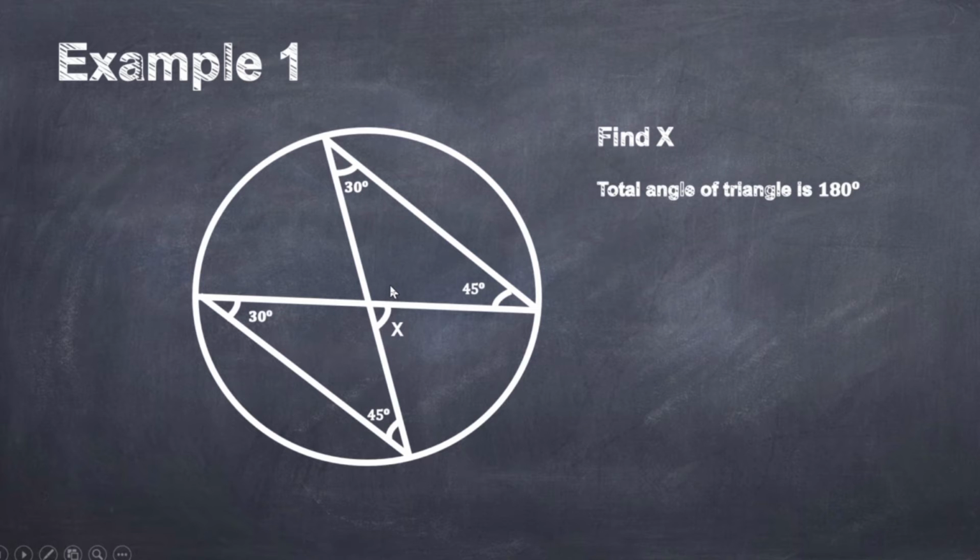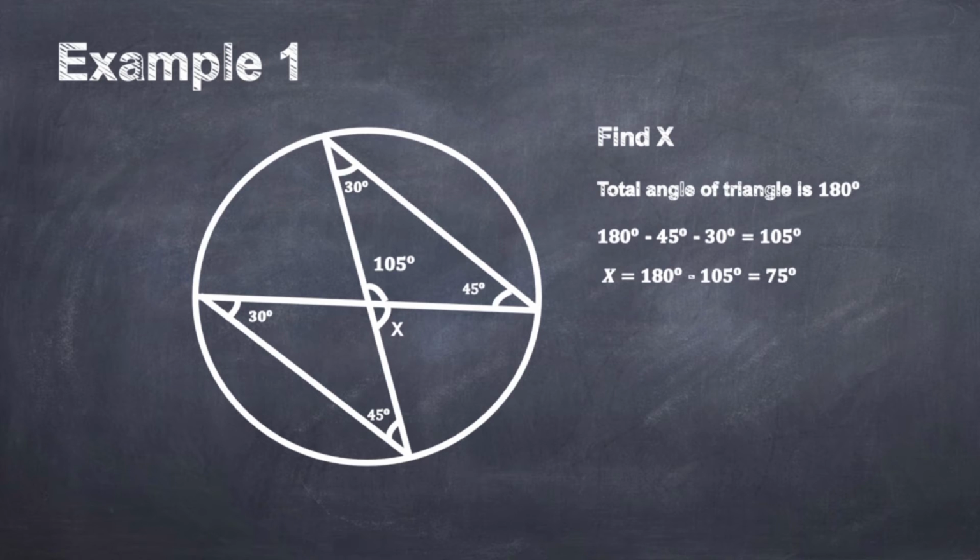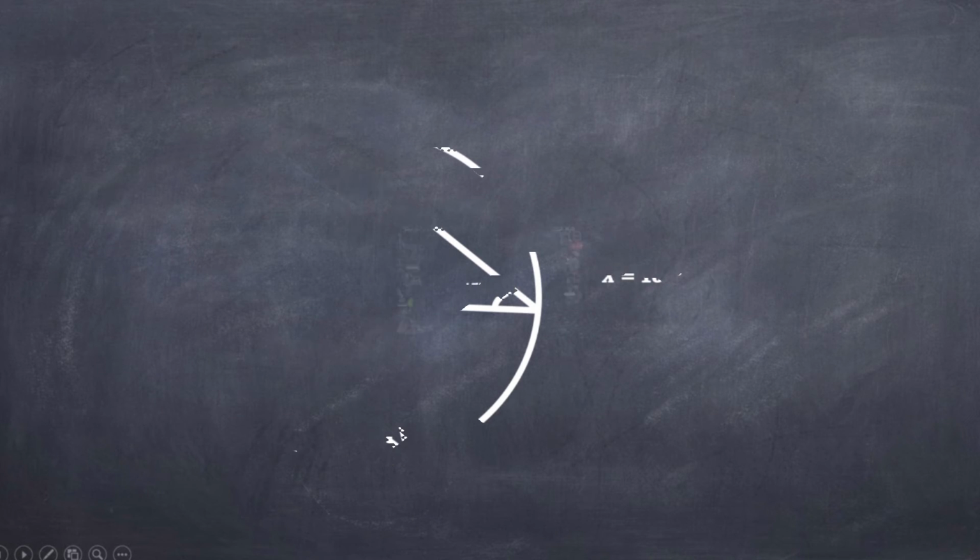Alright, so the total angle of triangle is 180 degrees. Therefore, we use 180 degrees minus 45 degrees minus 30 degrees equal to 105 degrees. Therefore, to find x is 180 degrees minus 105 degrees equal to 75. Okay, next.